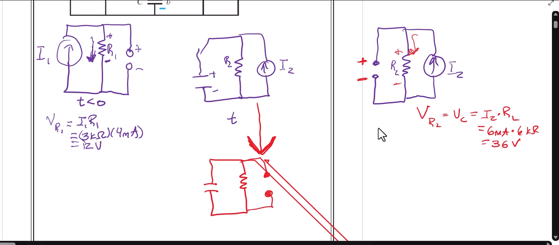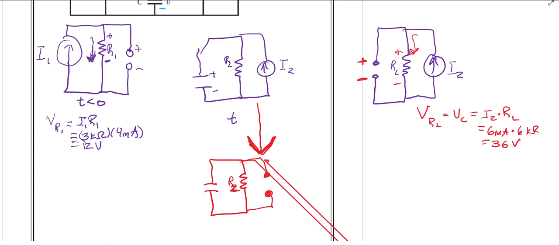Okay, so from the point of view of the capacitor, this one is not so bad because there's only one resistor. So that's got to be the resistance that it sees. And so R for this one is just whatever R2 is. What was R2? 6 kiloohms.